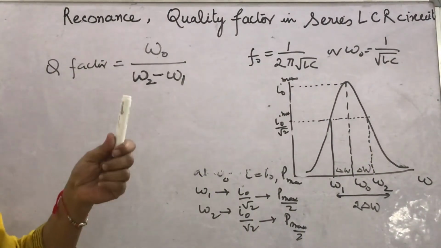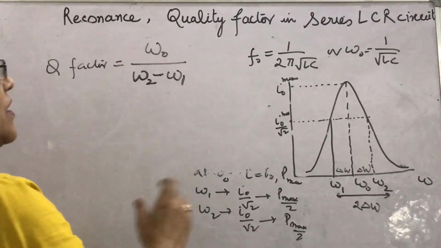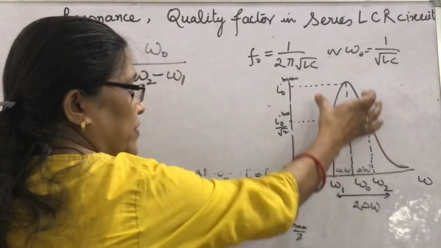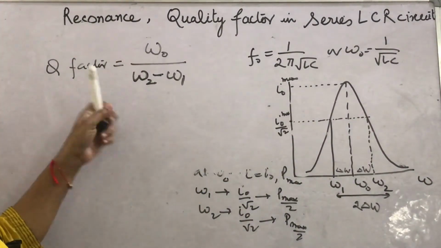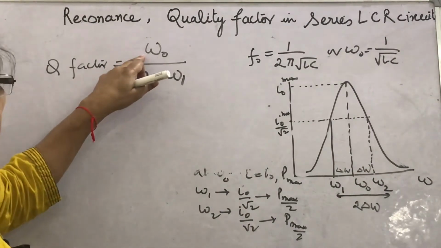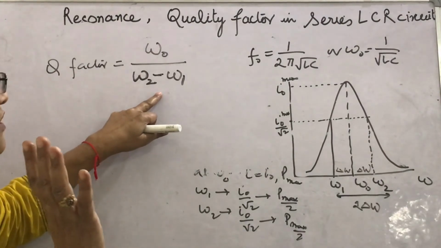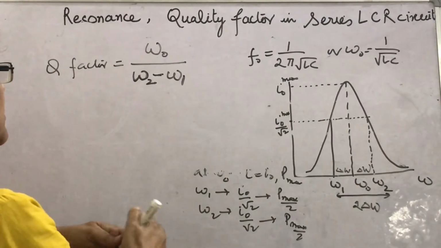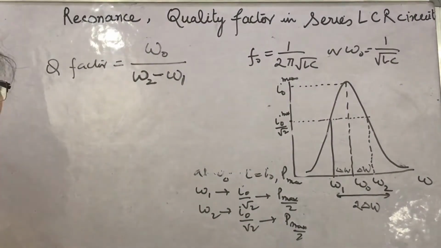You can also say that this omega 2 minus omega 1 is the bandwidth, so that you can easily define that quality factor is the ratio of resonant frequency to the bandwidth of the signal. So in this way you can also write what is bandwidth.